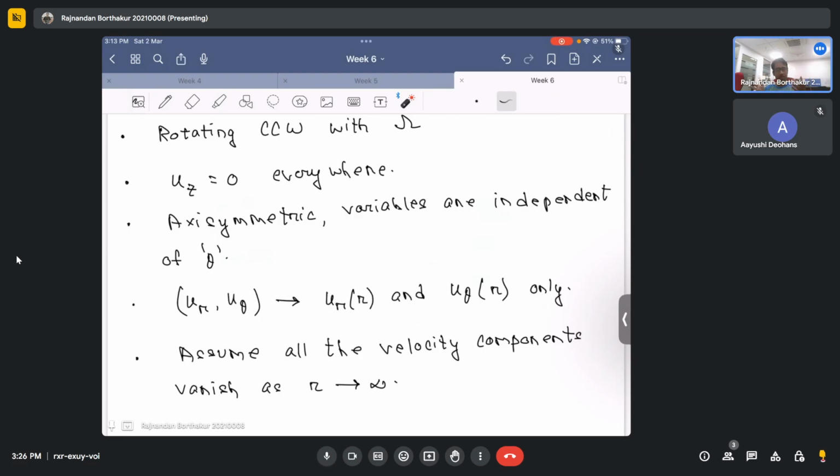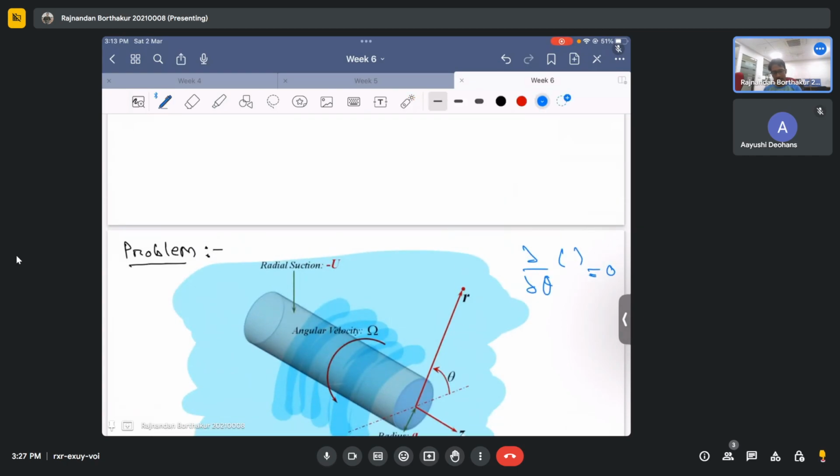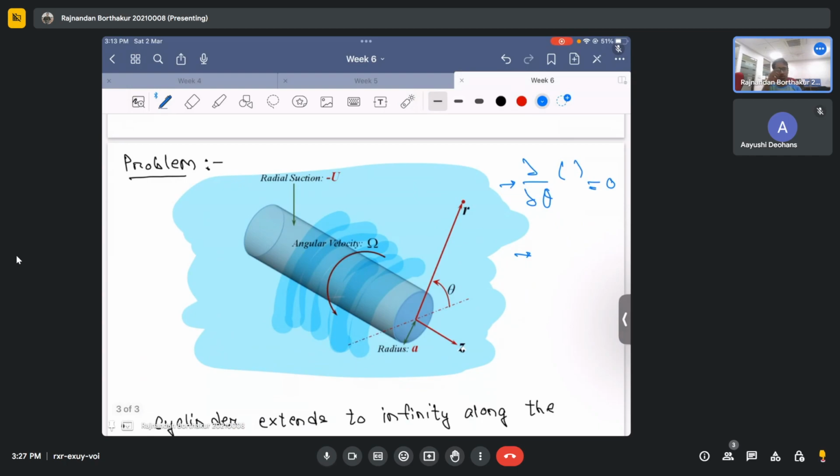They will not be a function of theta as well because of the axisymmetric assumption, of course. I just forgot to say this is one condition, and there is one more condition, that its derivative with theta is 0. Also the variables will not be a function of theta.